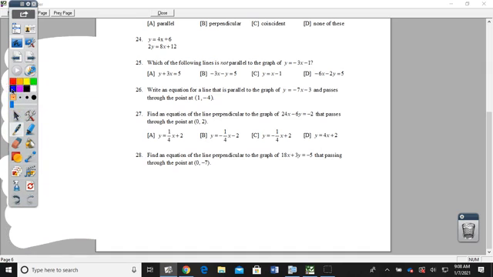Write a line, or excuse me, write an equation. So we're writing an equation of a line that is parallel to this graph and passes through point (1, -4). So this problem is just like number 19. On 19, they gave us the slope and a point, and we had to write the equation.